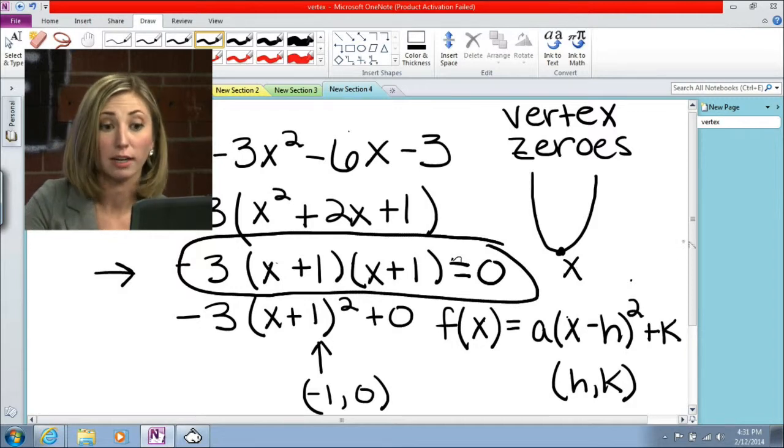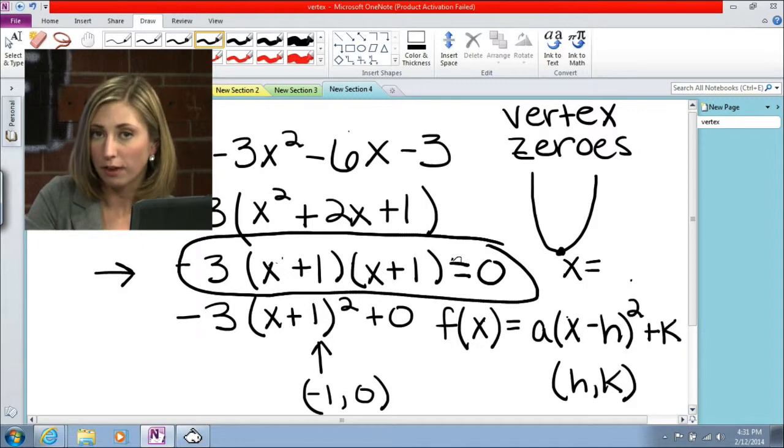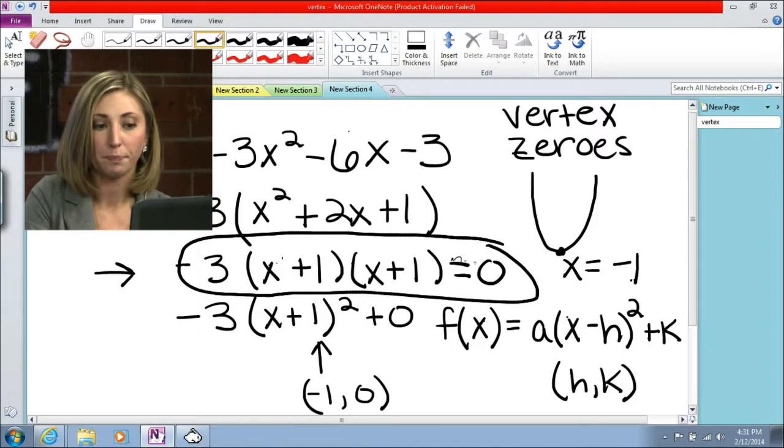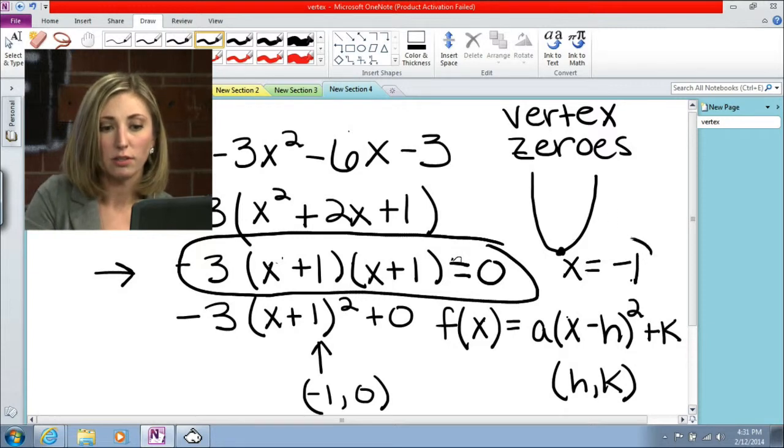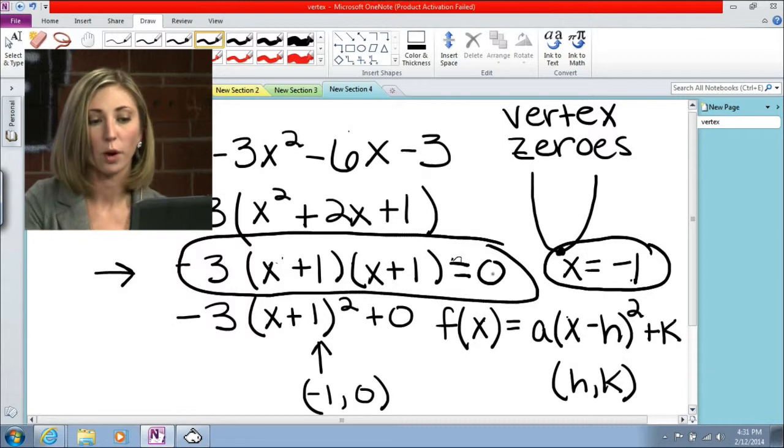That would be our x-intercepts. So in this case, we could put in -1 for x, and if we put in -1 for x, it would make our y equal 0, or it would give us our x-intercepts. So the zeros of this equation are just -1, and it occurs twice.